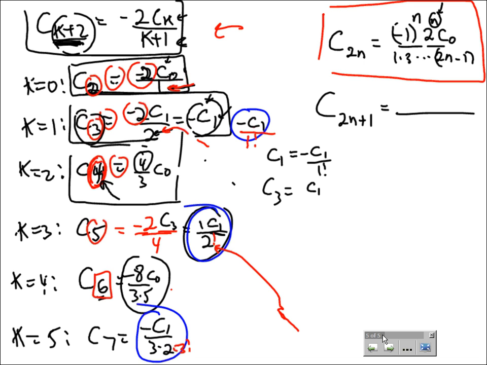C sub 5 is 1 over 2, C1 over 2 factorial. And C sub 7 is negative C1 over 3 factorial.